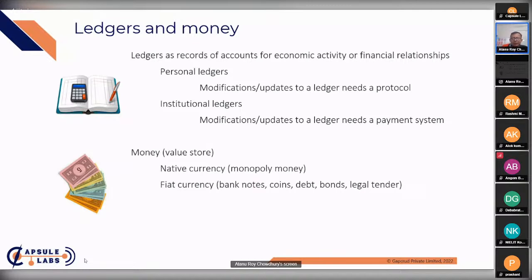It is portable, it's divisible, it's acceptable. If I give you a 100 rupee note, you will accept it, right? You will accept it because you acknowledge that you can also buy something worth 100 rupees using that piece of paper, right?